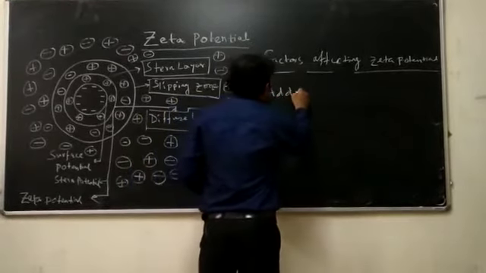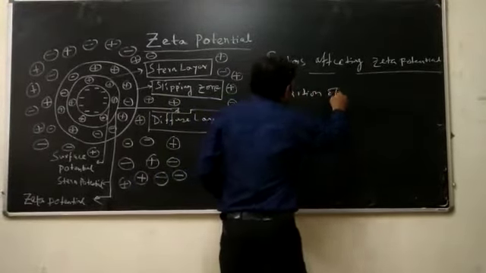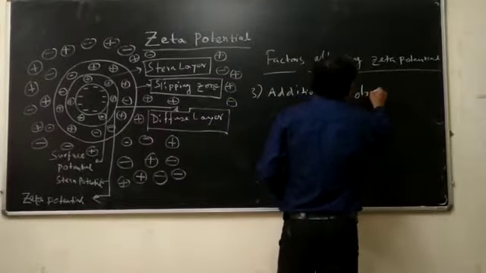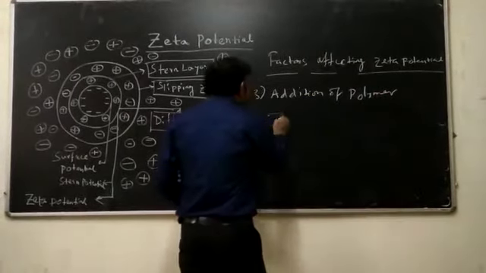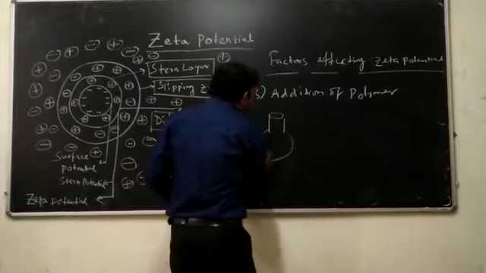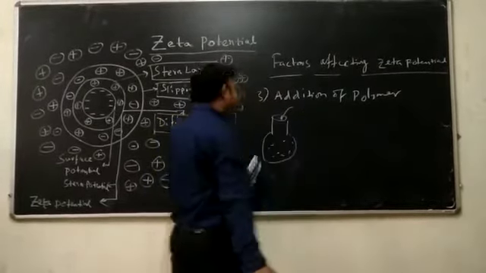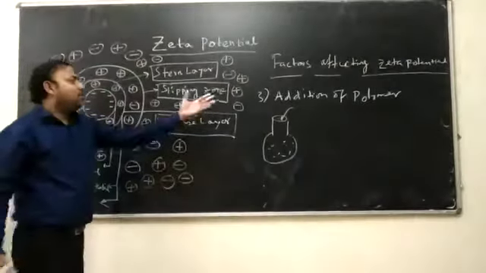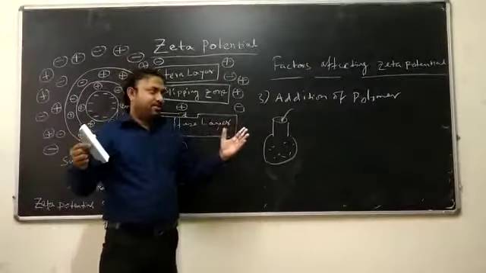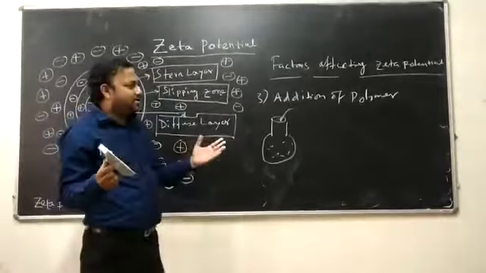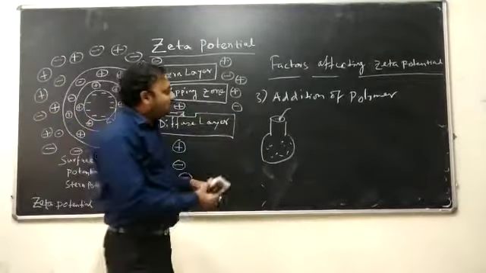Addition of polymer. If we add a polymer in a colloidal dispersion, generally the polymer has a long chain and some parts have branching.